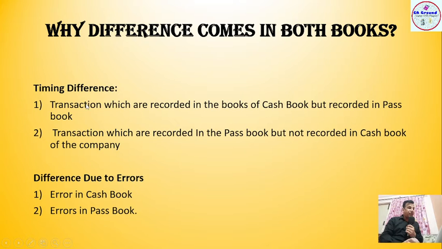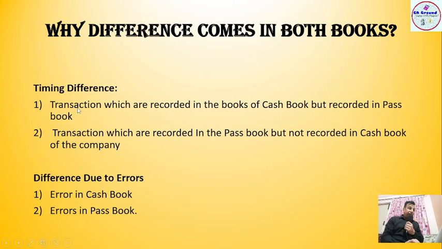First is timing difference. Let's say today is 40th of March 2022 and we are preparing the BRS as on today. Let's say till today there are 2500 entries in both the books, but the balances do not tally. In such a case, you need to prepare the BRS as on 40th of March 2022.